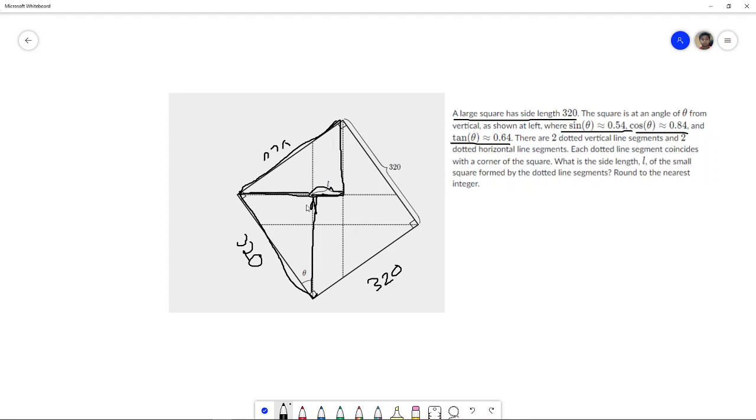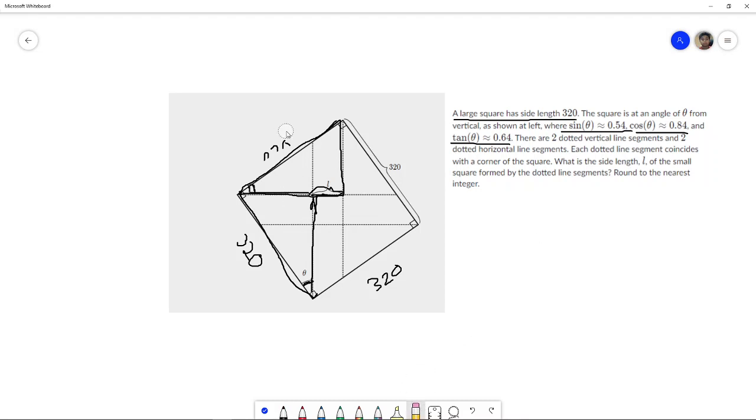That's why I chose these two triangles, because we're going to be finding the leg length of this triangle and the leg length of this triangle and subtracting to find L. We already know that these two triangles are congruent. Therefore, if we use CPCTC, or corresponding parts of congruent triangles are congruent, we know that this is also equivalent to sine theta. So I'm just going to draw the angle congruent to theta right here.